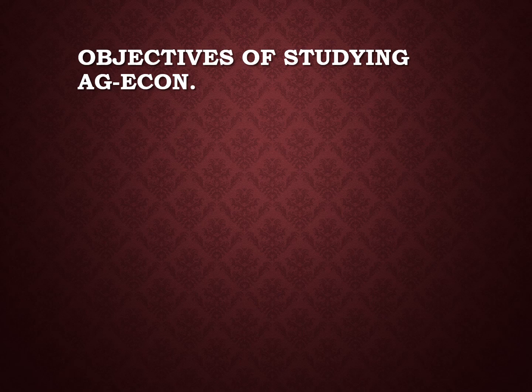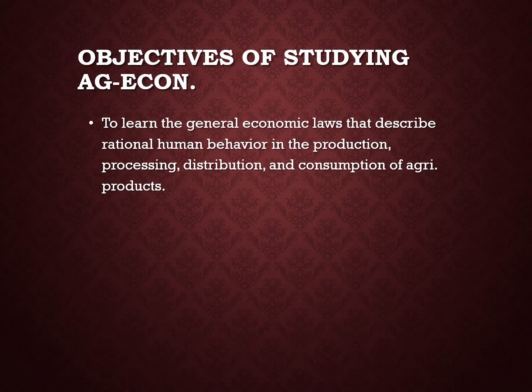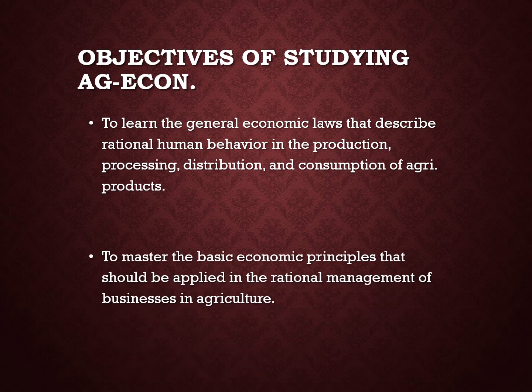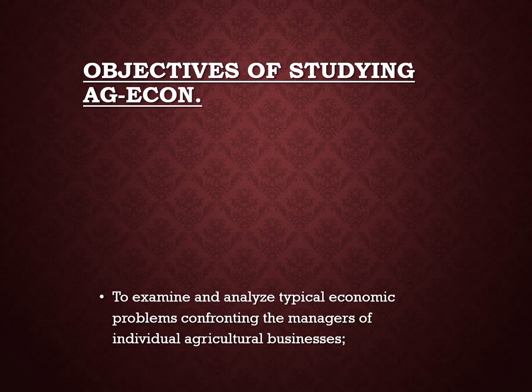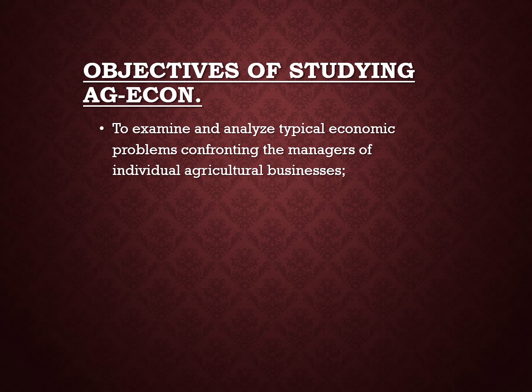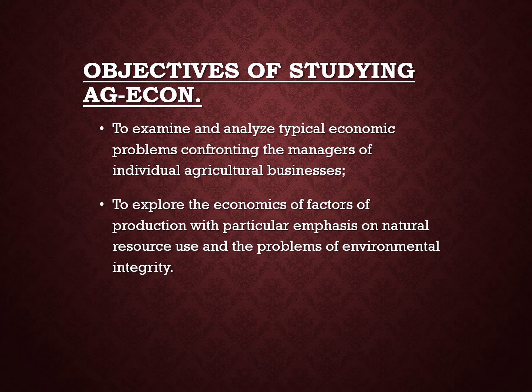What are some of the objectives of studying agricultural economics? Number 1, to learn the general economic laws that describe rational human behavior in the production, processing, distribution, and consumption of agricultural product. To master the basic economic principles that should be applied in the rational management of business in agriculture. Another objective is to examine and analyze typical economic problems confronting the managers of individual agricultural businesses.